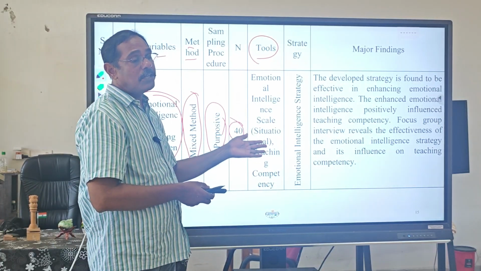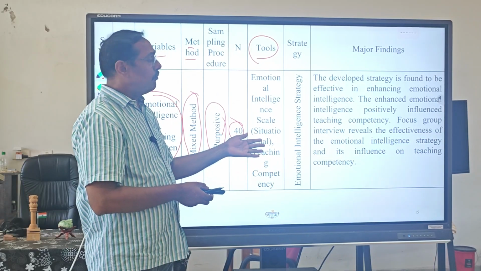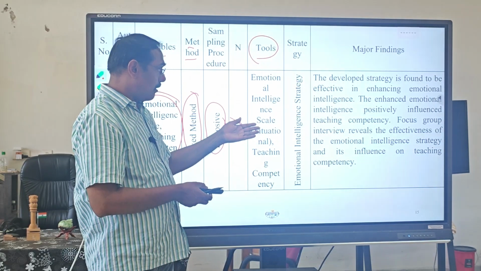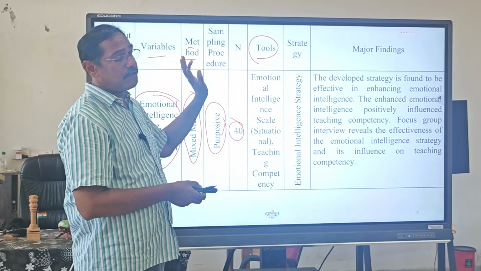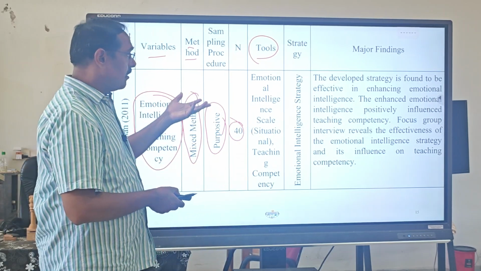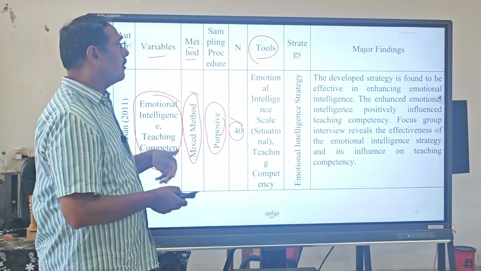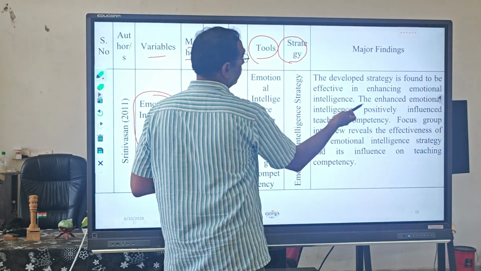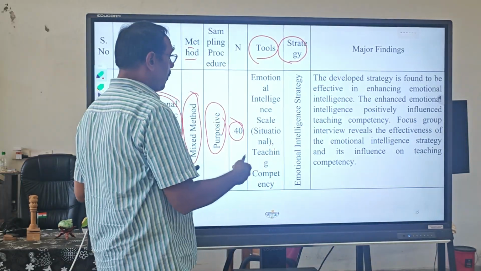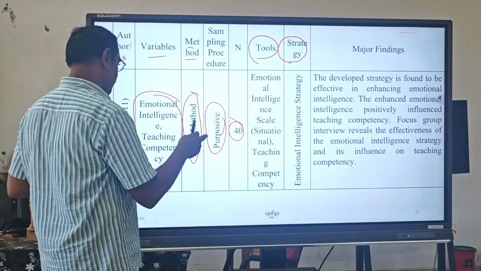That tool may be a prominent tool. If more researchers are using a particular tool, like Cattell's personality tool, many people are using it, so you can take the tool since it is widely used. And then the major findings. So this is meta-analysis.